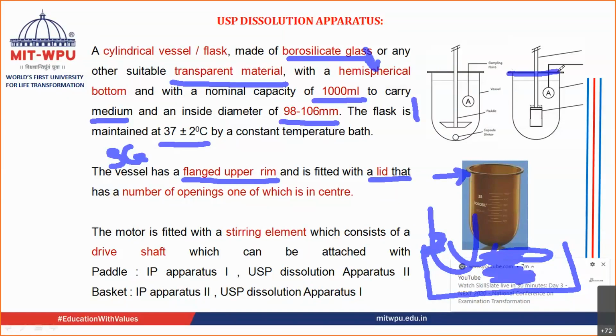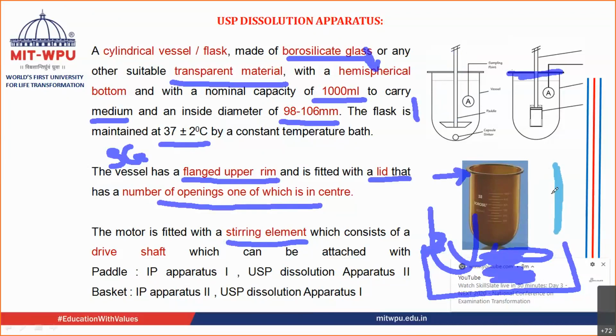The lid is placed onto this flanged upper rim of this vessel, and it has a number of openings, one of which is in the center. So this is the central opening. Through this central opening, what do you fit? You fit the stirring element. So through this central opening, you place the stirring element inside this cylindrical vessel or flask.